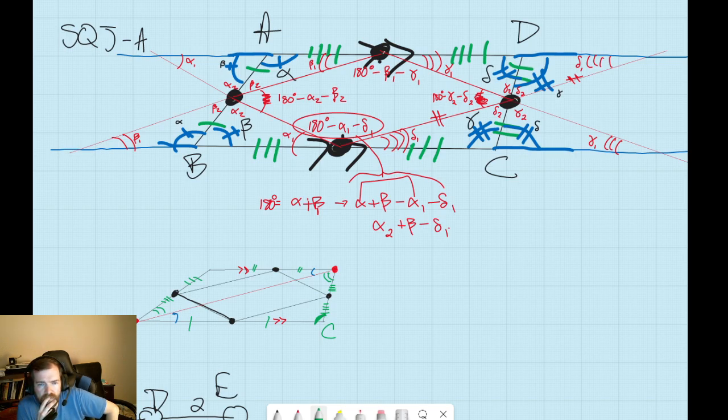I mean, in my mind, I'm convinced, but then again, I know ahead of time that this should work out the way I want it to. Side angle side similarity.